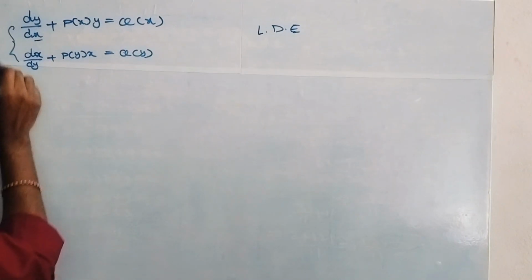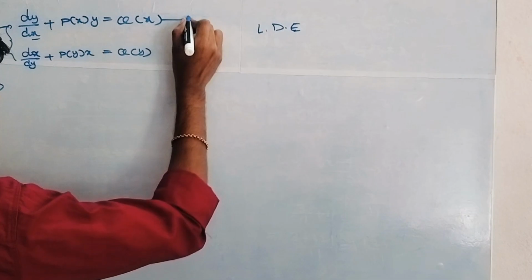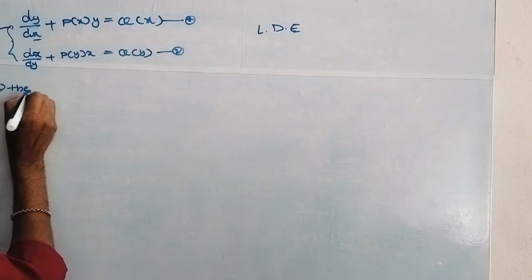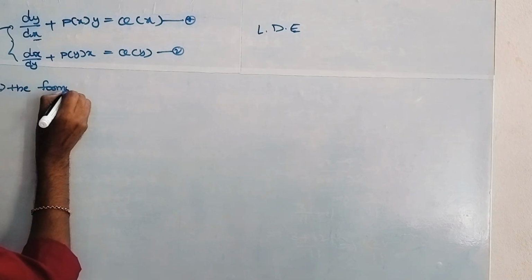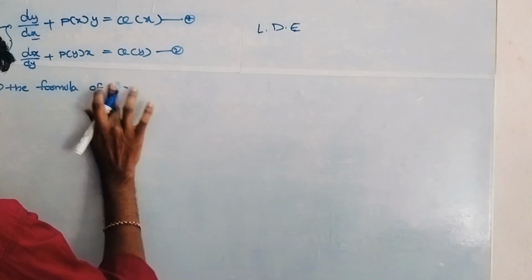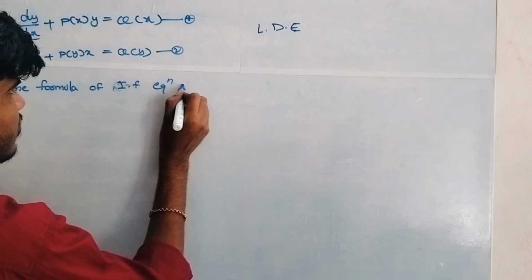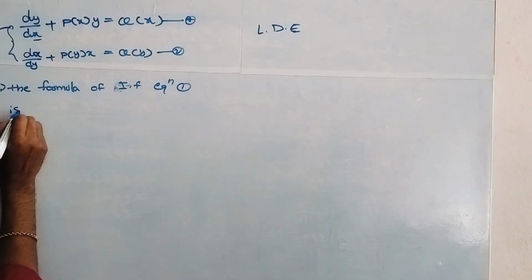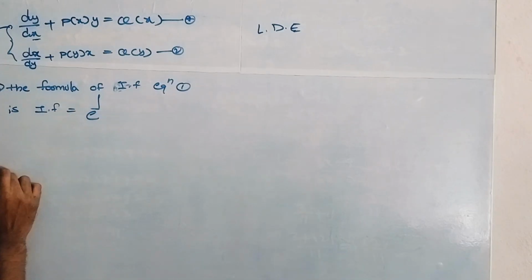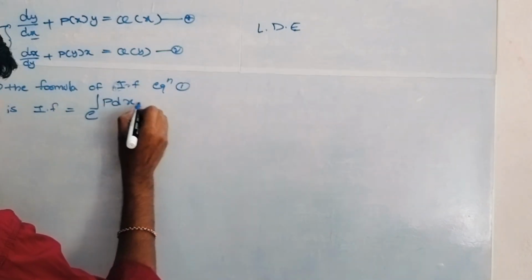This is equation 1 and this is equation 2. The formula of the integrating factor, IF, for equation number 1 is e power integral p dx.